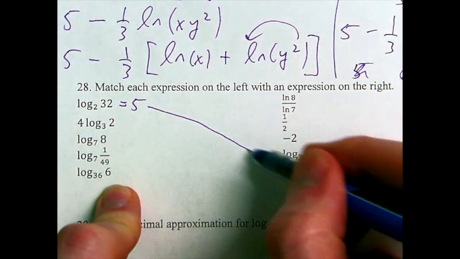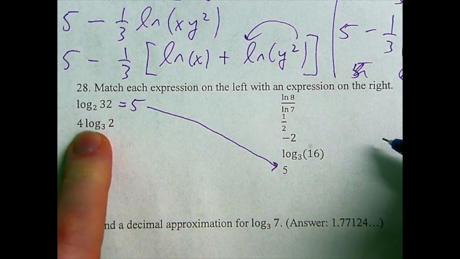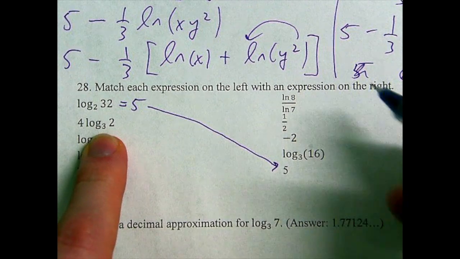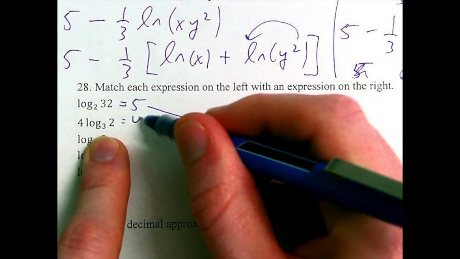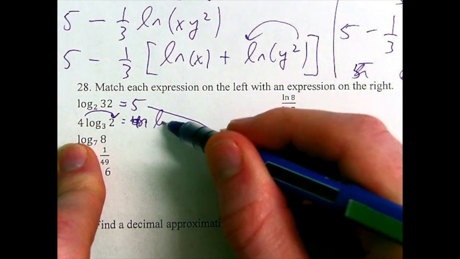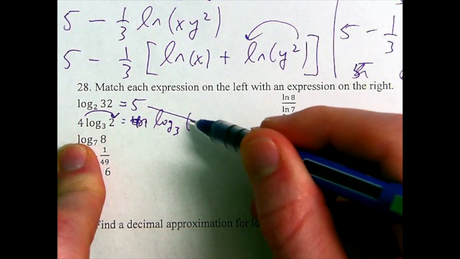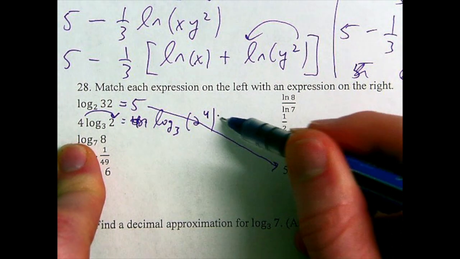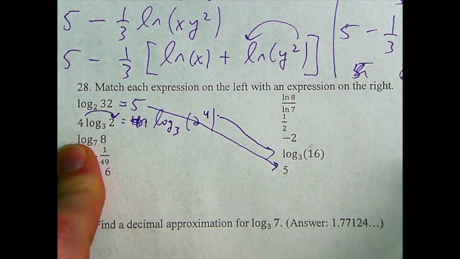Okay, so that's that one. 4 times log base 3 of 2. Let's see. I don't really know what it is exactly, but you can put the 4 on the inside and get log base 3 of 2 to the 4, which is in fact log base 3 of 16, isn't it? So that's that one.